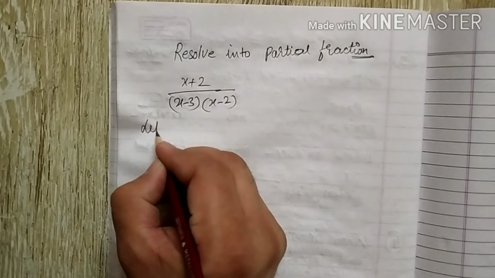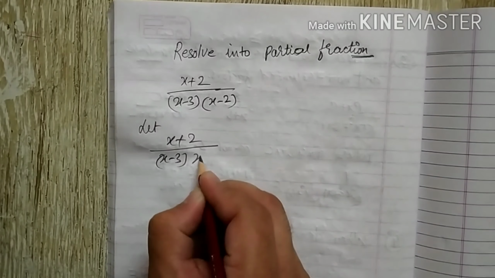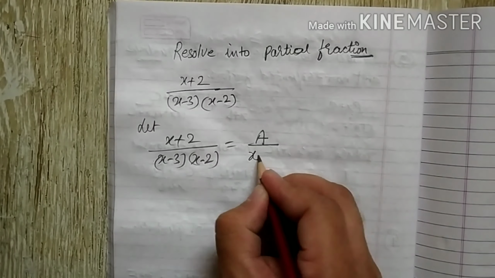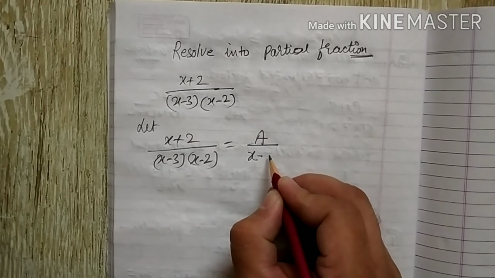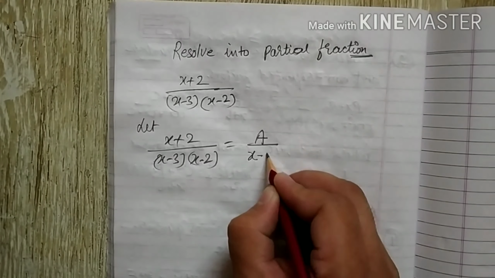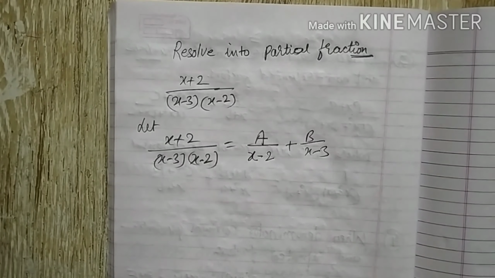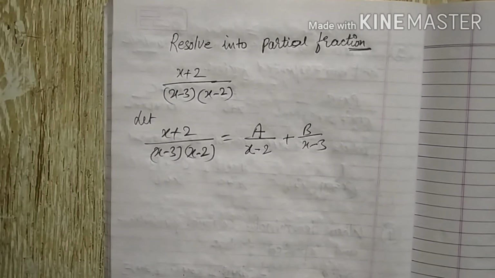So I take x plus 2 upon x minus 3 times x minus 2. Irrespective of order, you can take any factor first and any factor second. There are 2 methods to resolve into partial fractions: one is the Vedic method, the other is the comparison method.